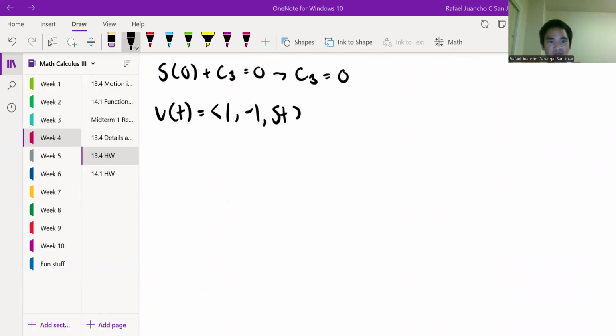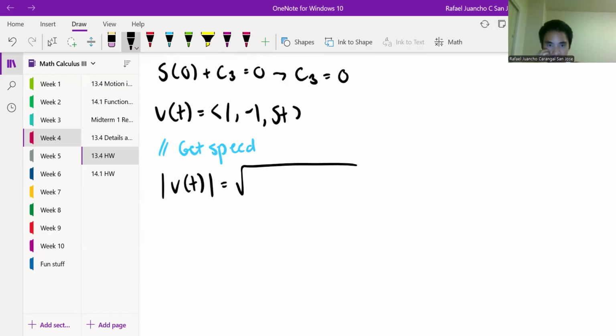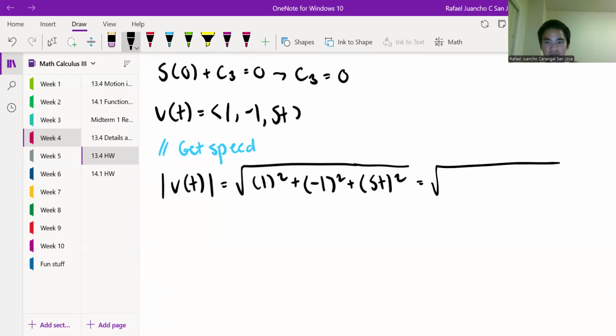Okay, but I can get my speed here, right? Because I just get the absolute value of my velocity. 1 squared, 1 squared, 5t squared. And I'm going to get something like this. 1 plus 1, that's 2. So I'm going to get 2 plus 25 t squared. And I think I can simplify that.